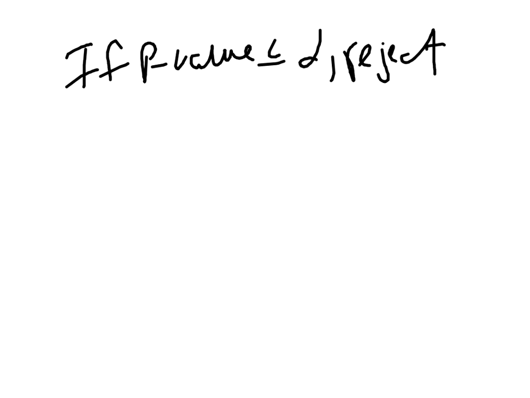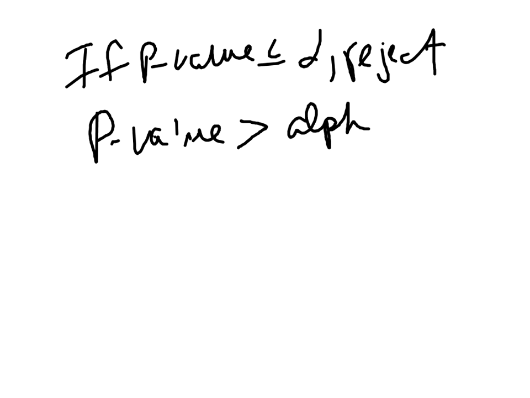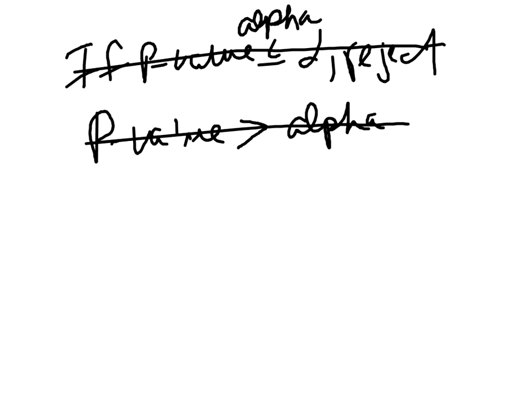And if the p-value is greater than alpha, I should have written alpha up here. My pen is starting to act up. You know what, this is so frustrating sometimes when my pen gives out.